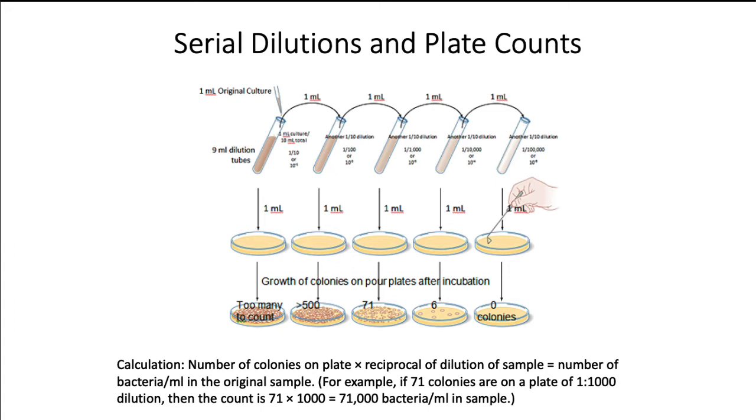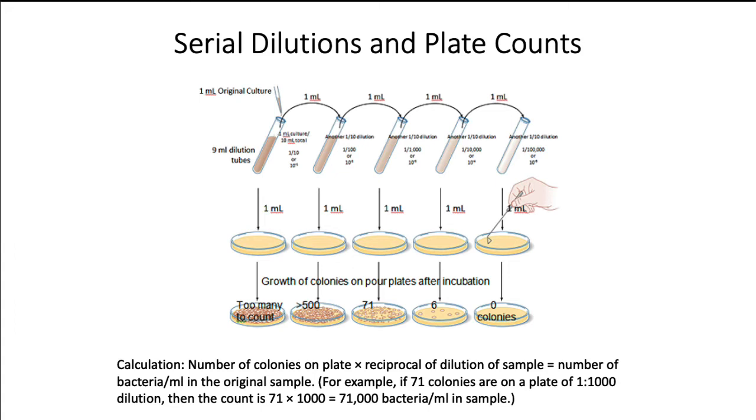And so again, you will count the colonies, and in this example, 71 is a good number, because if it's in the hundreds, it's pretty much impossible to count, and also it's not reliable, because colonies may be on top of each other. And if it's a very low number, like 6, that's too few and it's not reliable.